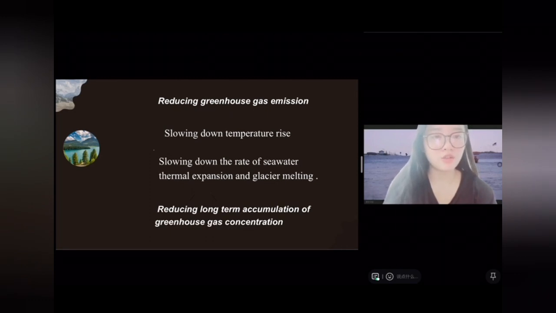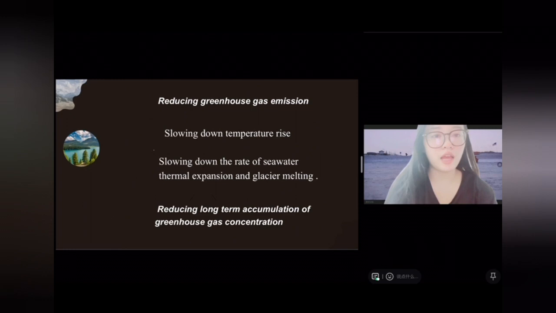Since the Industrial Revolution, human activities have emitted a large amount of greenhouse gas, causing a significant increase in the concentration of greenhouse gas in the atmosphere, and leading to an increase in Earth's temperature.